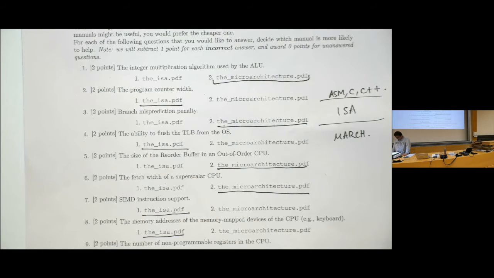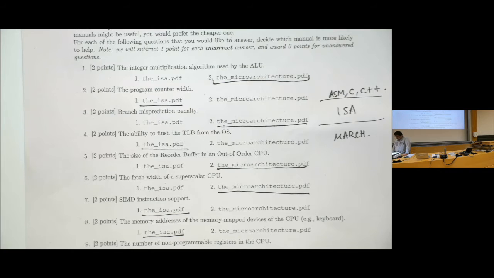So the next question is the replacement policy of the L1 data cache. The multi-level caches are transparent to the programmer or to the higher level abstraction.